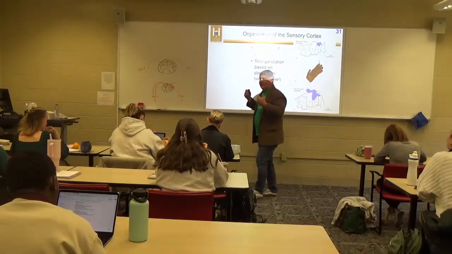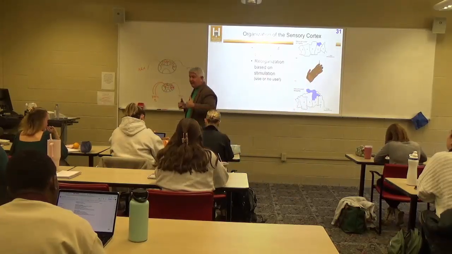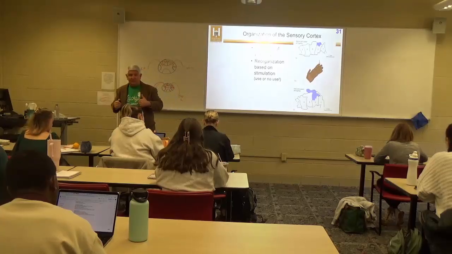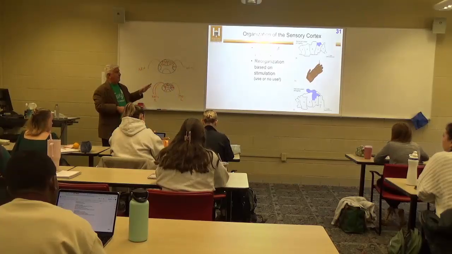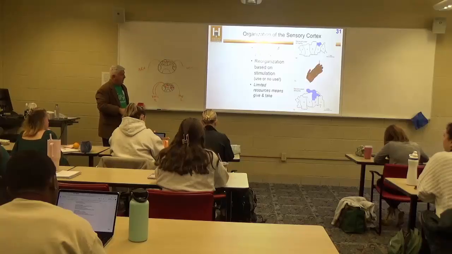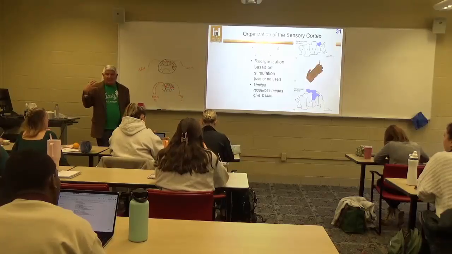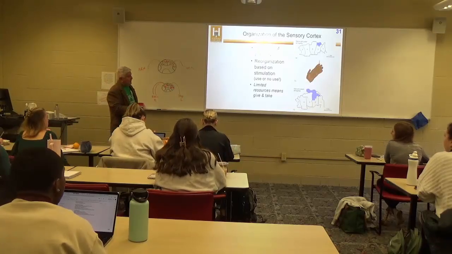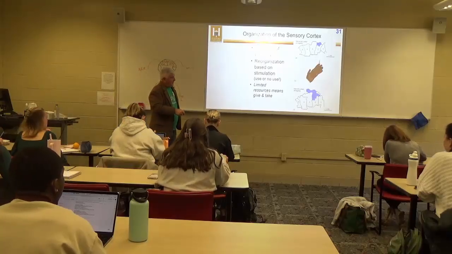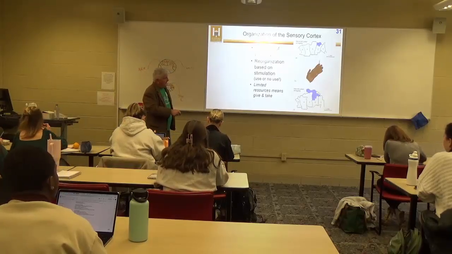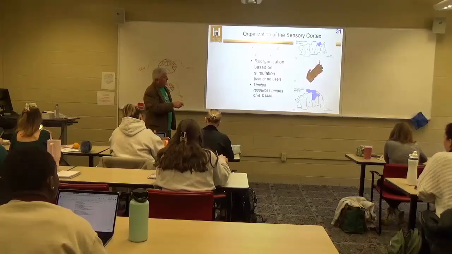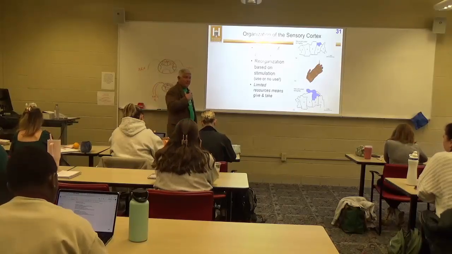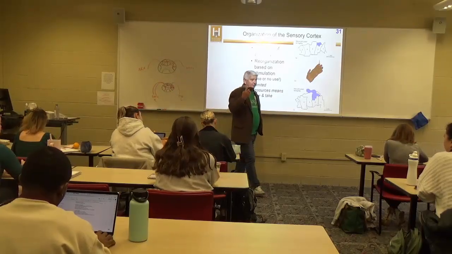We don't see the same level of plasticity in something like the visual system, but we see high levels of plasticity here. Now, we have a limited amount of somatosensory cortex, so when we expand area 2, it has to take some of 1 and 3, the adjacent areas, in order to do that.